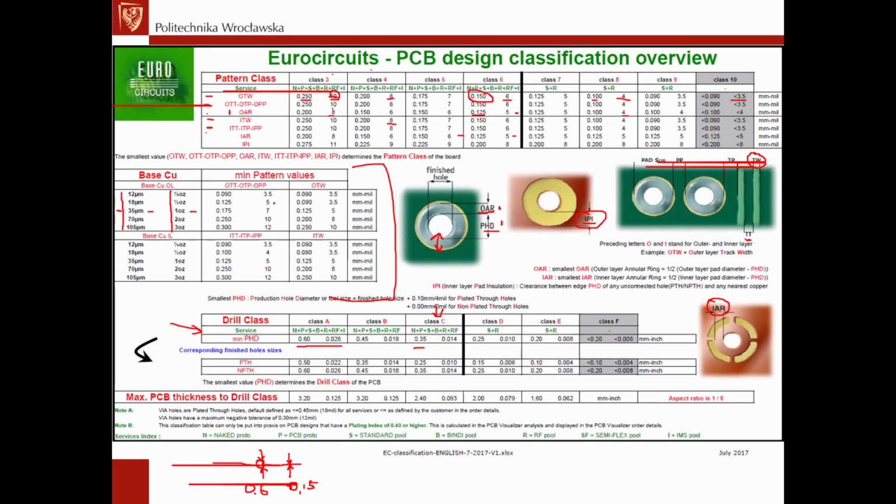In case of 35 microns, the minimum OTW class is 5, but the minimum OTT, OTP, and OPP limit is 7, which means that if you want a class 5 board, then for this manufacturer you can use 35 micrometer copper. But if you want class 6, for example, of course you can order class 6, but the manufacturer will then deliver you an 18 microns copper PCB.